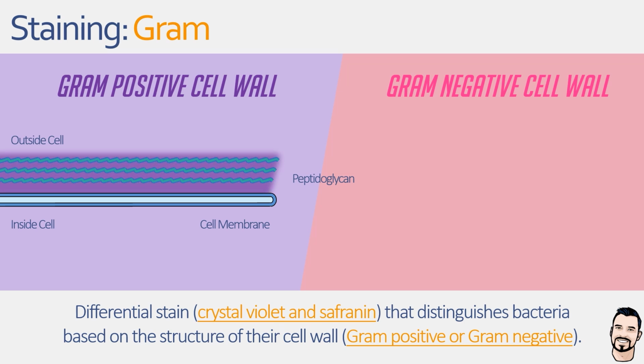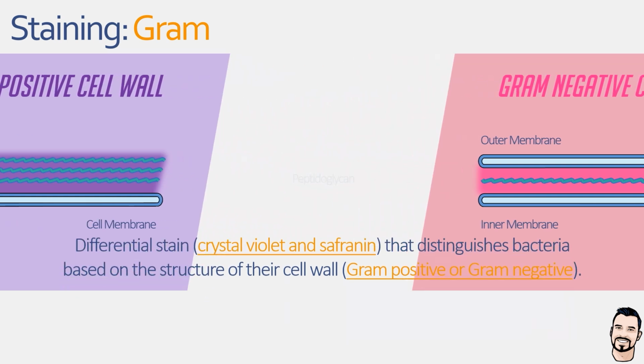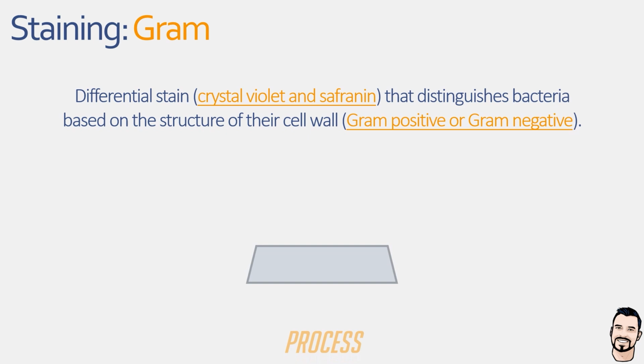Now cells with a thick peptidoglycan layer are able to retain crystal violet within this structure, staining them purple and earning them the name Gram-positive. Gram-negative bacteria, on the other hand, have a double membrane structure with a thin layer of peptidoglycan. Now cells with this thin layer are unable to retain crystal violet, and so they will take up the second stain safranin, appearing pink or red under the microscope and earning them the name Gram-negative.